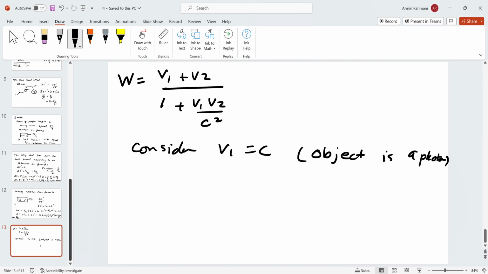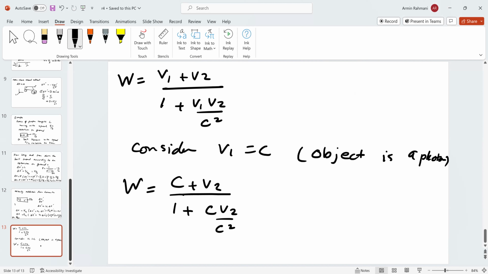What are we going to see? We will see W becomes c plus v2, whatever that v2 is, as long as, of course, it's less than c. Bad things happen if we put velocities larger than c into these equations. Over 1 plus c v2 over c squared.